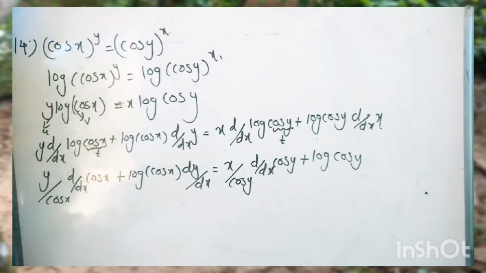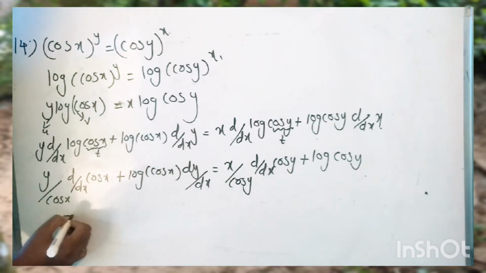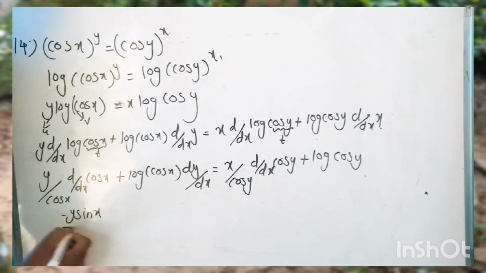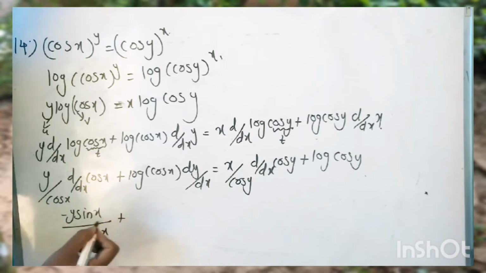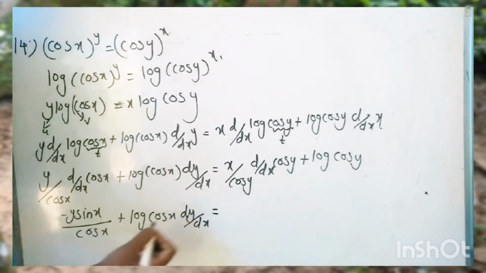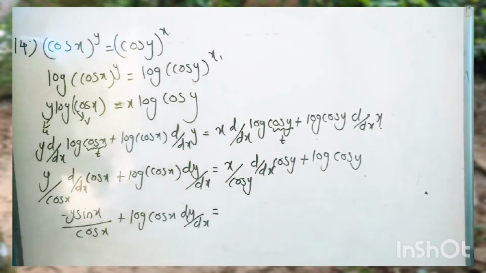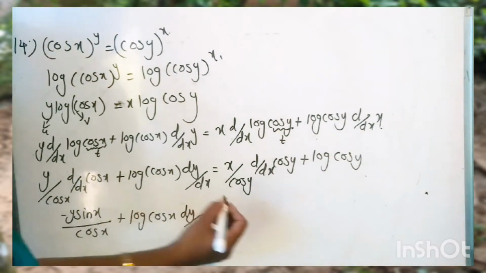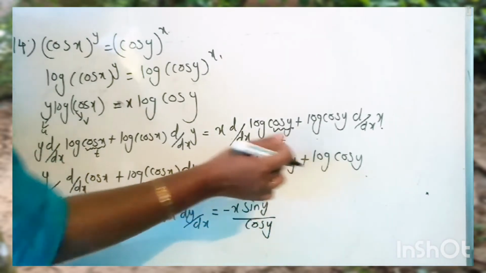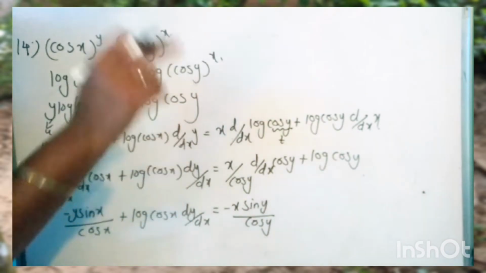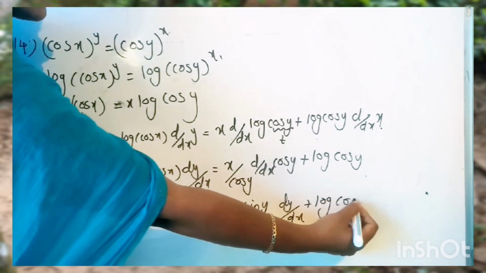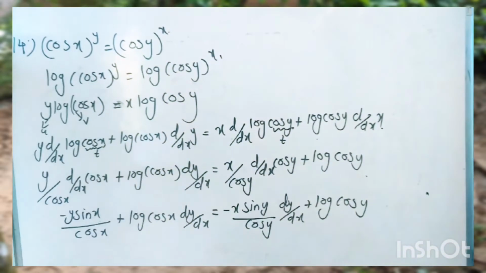Now the derivative of cos x is minus sin x, so we will have minus y sin x divided by cos x plus log cos x into dy by dx is equal to x into minus sin y divided by cos y into dy by dx plus log cos y.